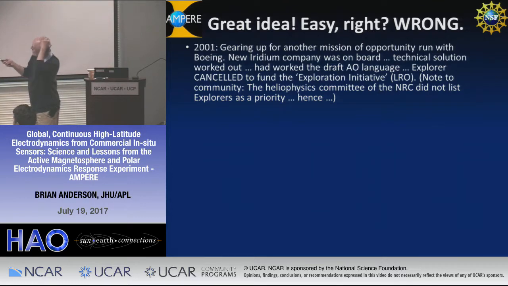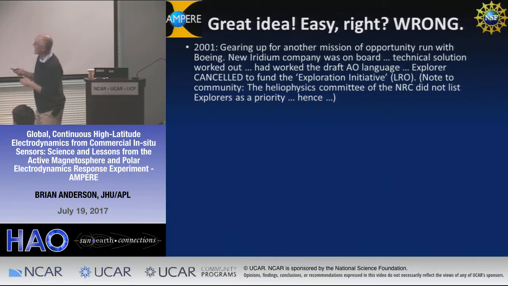It was the new company, and we actually had to work to change the AO language for missions of opportunity because the AO language said flight equipment, and we had to change it to flight experiment to allow modification of stuff that was already on orbit.